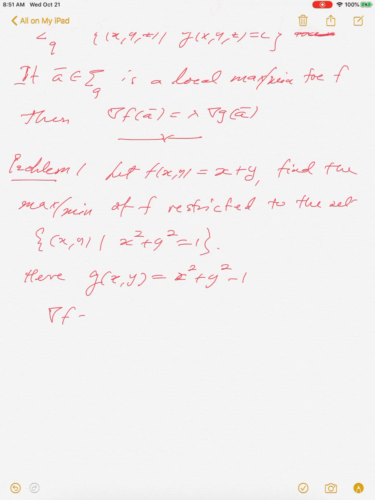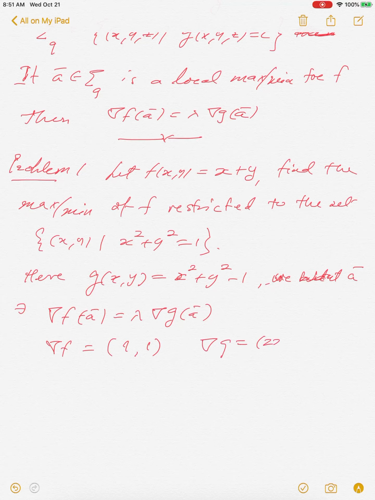Then you compute gradient f. So we want a bar such that gradient of f at a bar is some scalar times gradient of g at a bar. So gradient of f is going to be 1 comma 1. Gradient of g is 2x comma 2y.